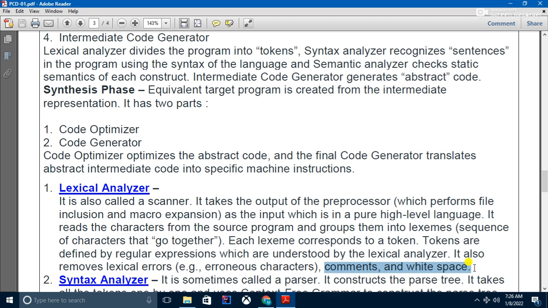Tokens are defined by regular expressions, and they are used by the lexical analyzer.